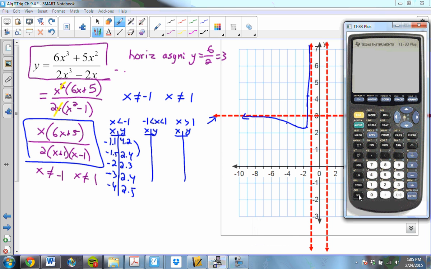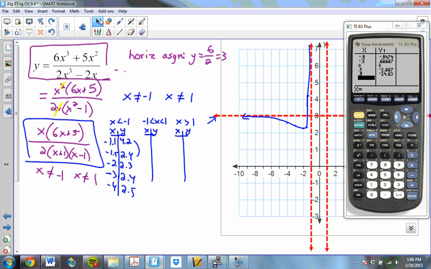I'm going to plug in numbers between -1 and 1. So it's like -0.9, sure, and -0.5, and 0, and 0.5, and 0.9. Those are all numbers really between -1 and 1.